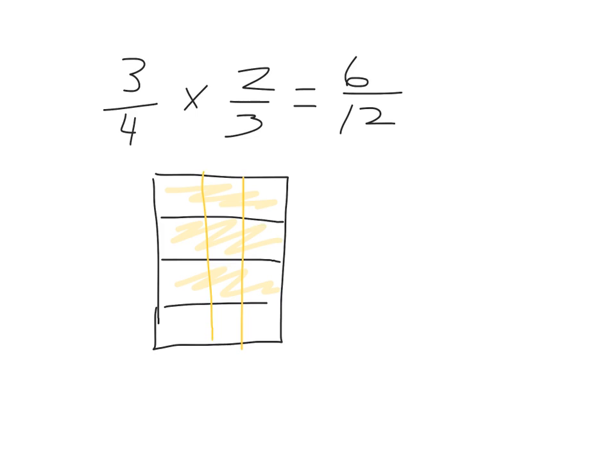And to see where that 2/3 overlaps would be these areas. So therefore, these 6 right here are the number of pieces I have, whereas there are a total of 12 pieces. Now, once I have that 6/12, I should simplify by dividing both of them by 6 to end up with 1/2.